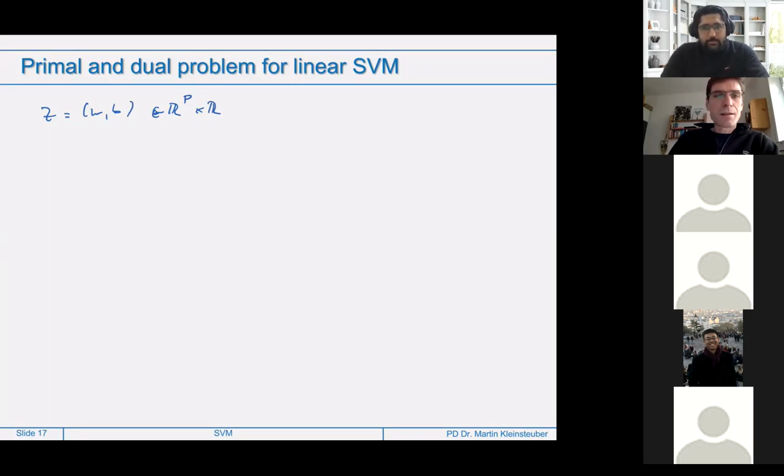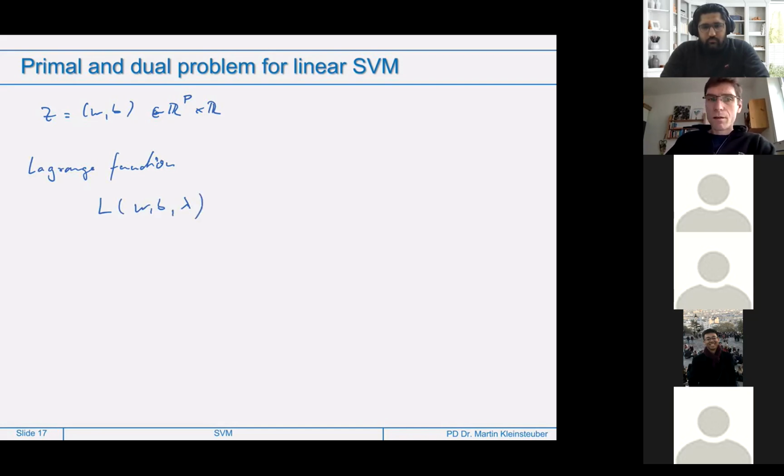So this is, and then we have just to plug that in. So our Lagrange function is L, so W and B are our unknowns. This vector lambda is the vector of our dual variables, or Lagrange multipliers.